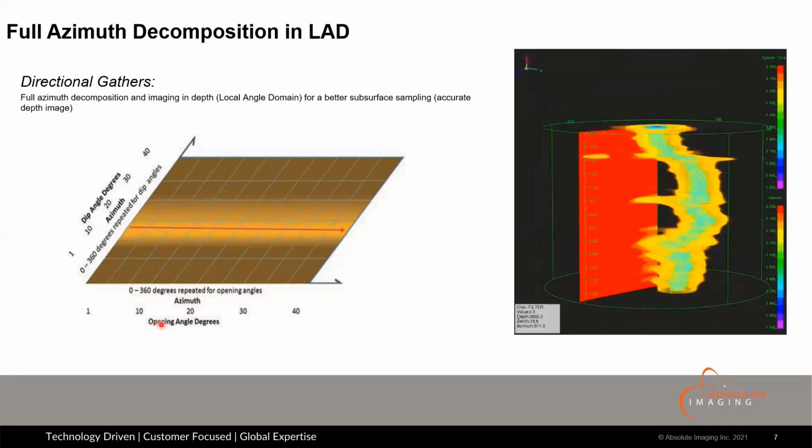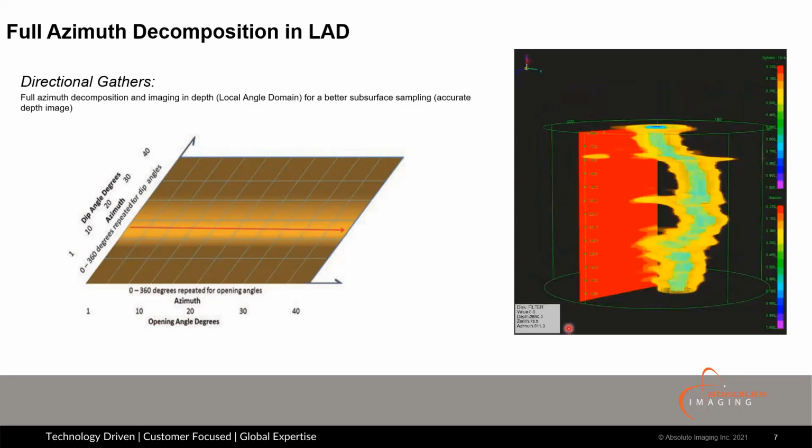It consists of the opening angle with a rotating 360 degrees of azimuth, as well as the dip angle and the rotating azimuth of the dip of the structure itself. If you create a table like that, you can map your decomposed information in each of these cells. You can do this for every bin location in the survey.